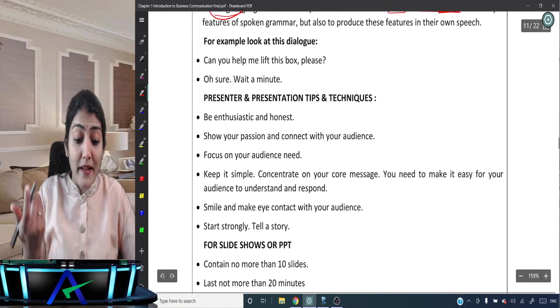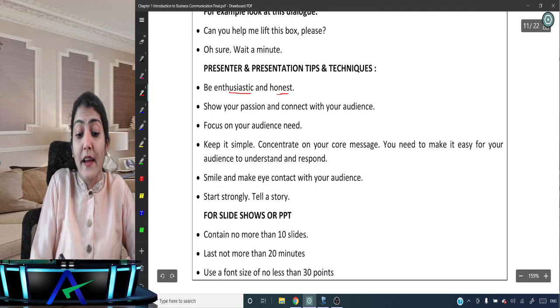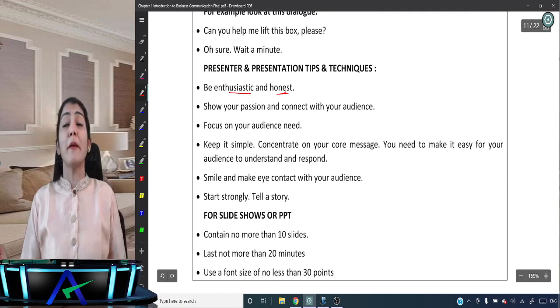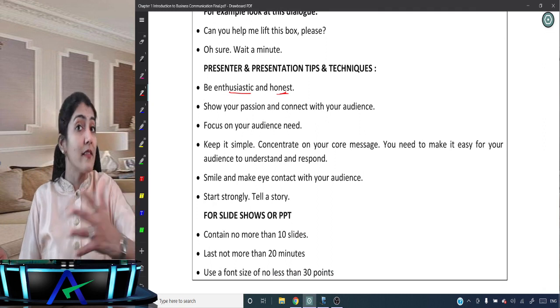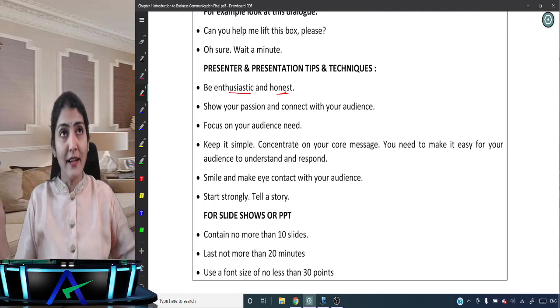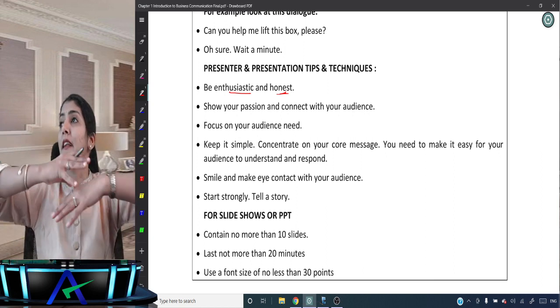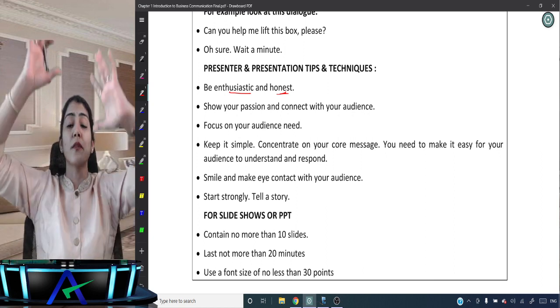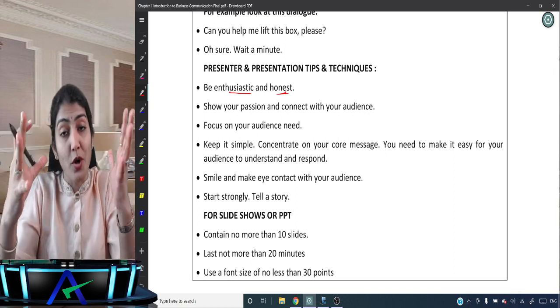Right. Then presenter and presentation tips and techniques. Be enthusiastic and honest. Some motivational speakers and coaches, when they come on the stage, are electrifying. It's like if you touched that person while they are addressing an audience of 1,000 or 2,000 people, you'd get a 2,000 watt current, a shock.